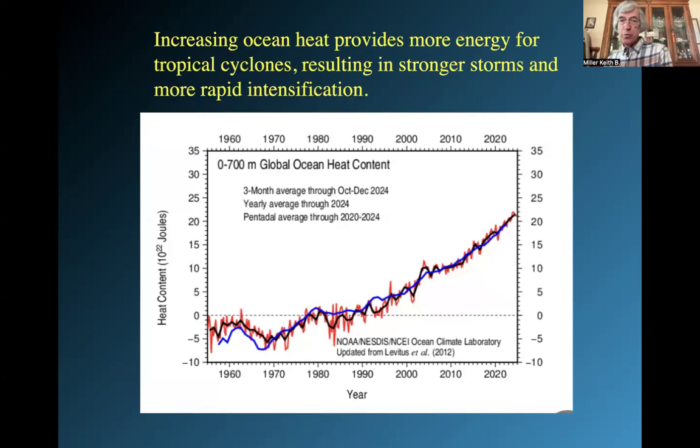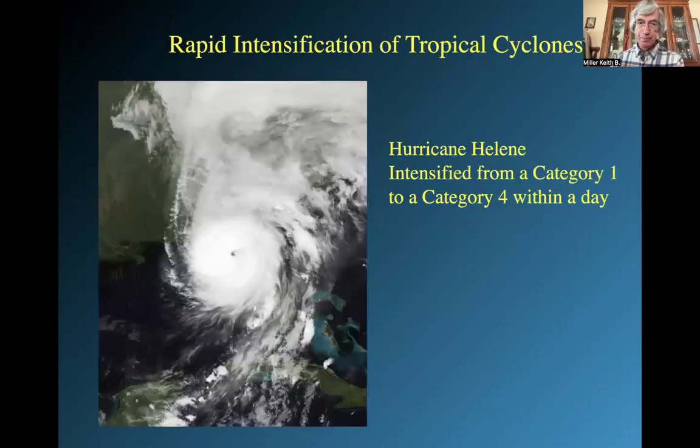And again, I've shown this in part one, the increase in global ocean heat content. And again, this is directly powering these storms. That's where they get their energy from, simply surface ocean temperatures. So this results in stronger storms and more rapid intensification.